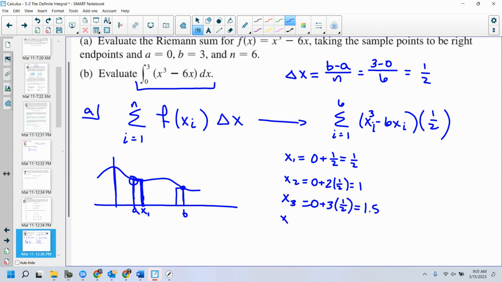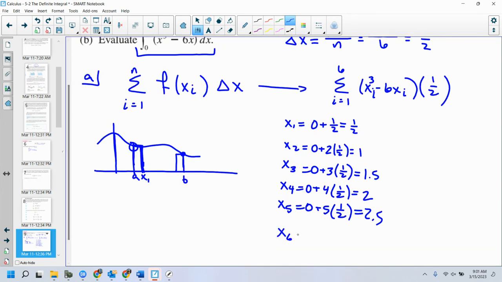So 1.5. x4 is going to be 0 plus 4 delta x. That's going to be 2. x5 is going to be 0 plus 5 delta x. That's going to be 2.5. x6 is going to be 0 plus 6 delta x, which is going to be 3.